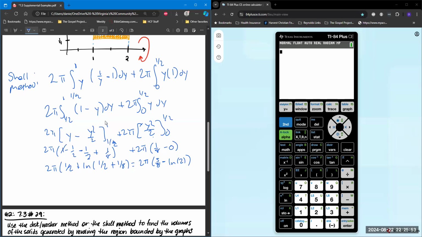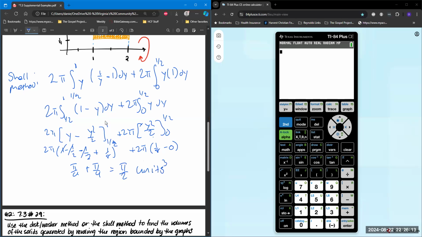Okay, so 1 minus 1/2 minus 1/2 is 0. We have pi over 4 plus another pi over 4 is pi over 2 cubic units.